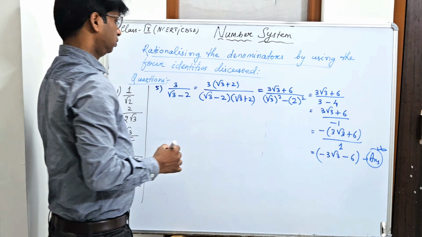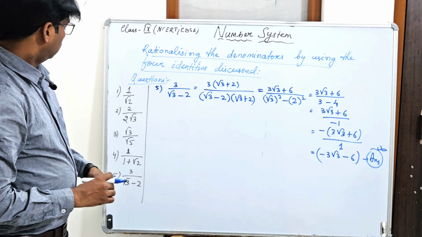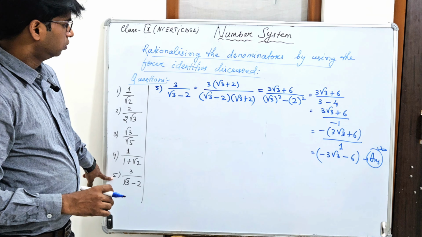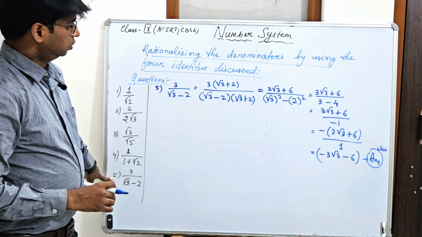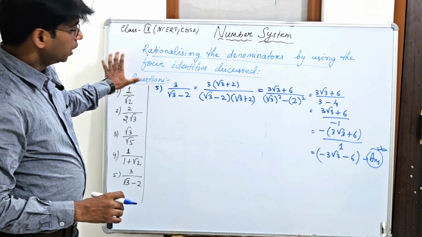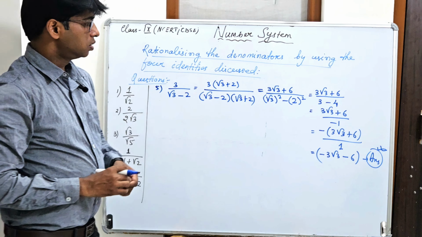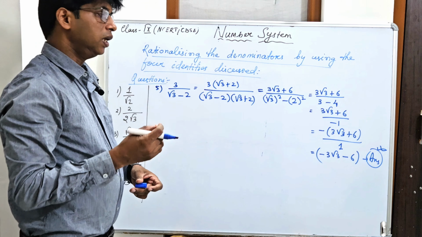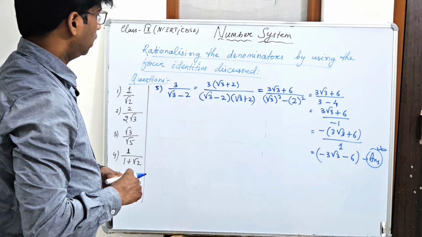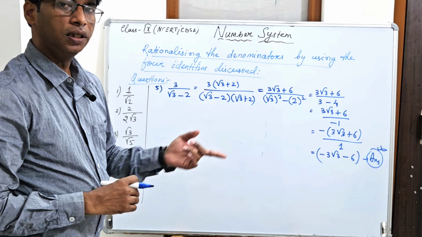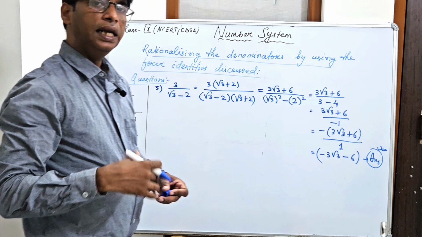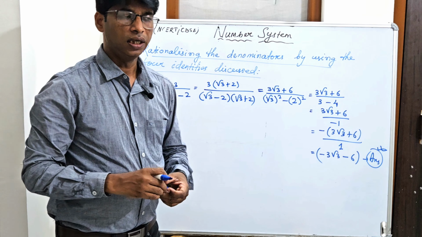This was understood. So this was the last question discussed for the time being. We will be discussing some further important questions related to some other identities, which I will discuss in the next class and my next video.